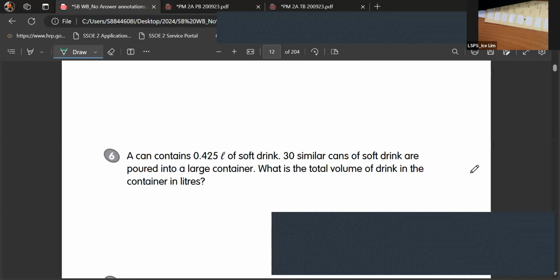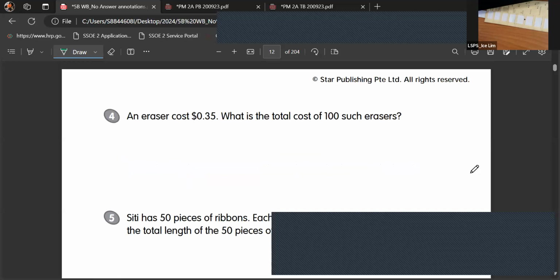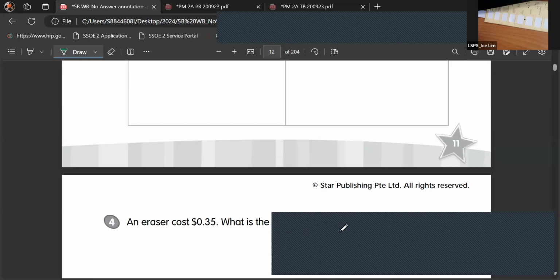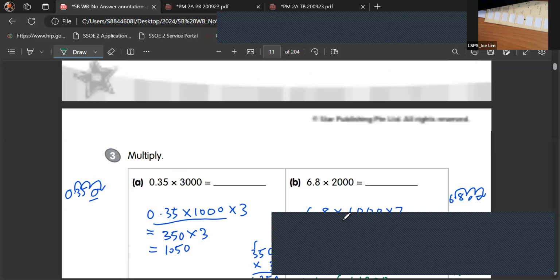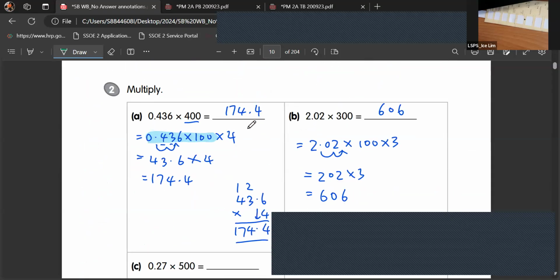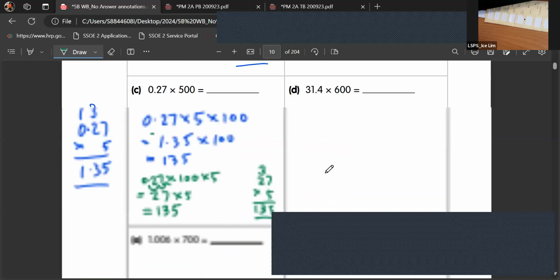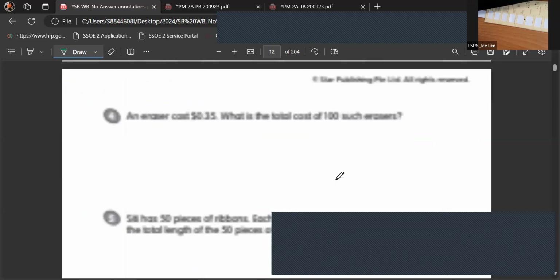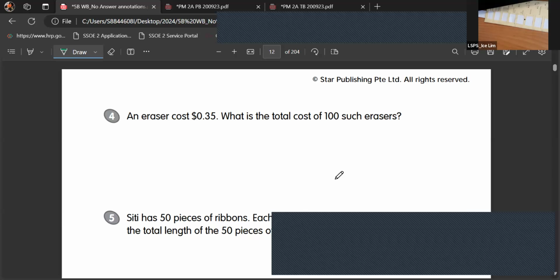Then answers start coming and says, I haven't done this question yet. Then after that, I pointed you to see 0.35 times 100. Doesn't this look like here? 0.436 times 400. It's just that now the question is presented as a short word problem. So for this, I'll do my erasers as usual.